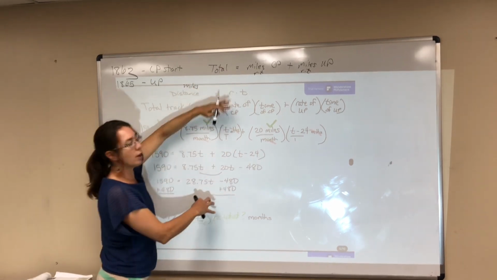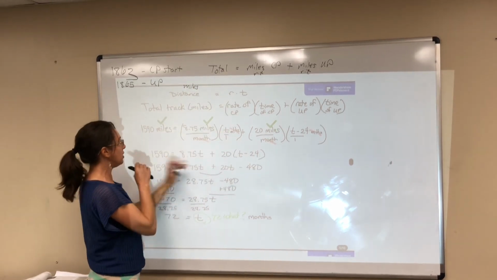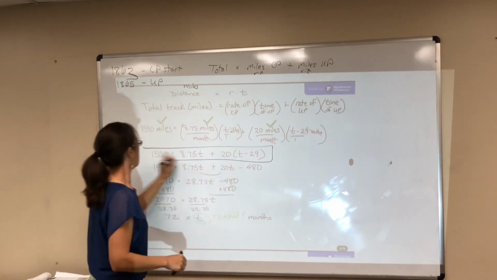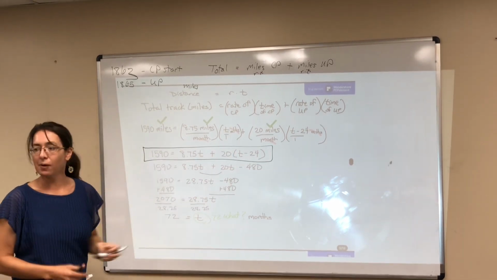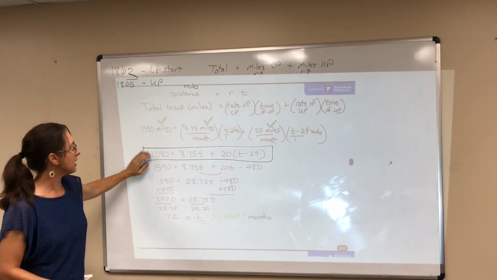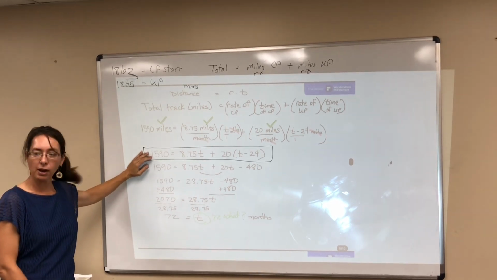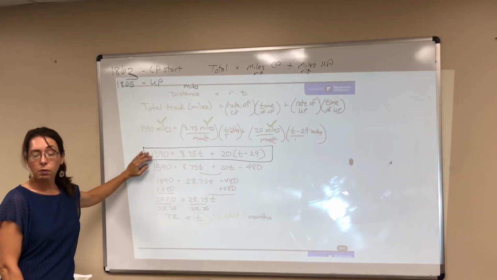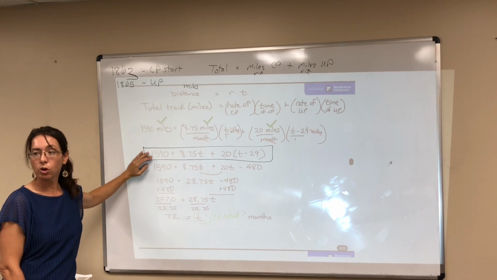We took all of our words and our units so that we could get an equation that we know how to solve. But initially, if we just plugged in all of these numbers right away, we might get confused or not know exactly where to plug the numbers in.